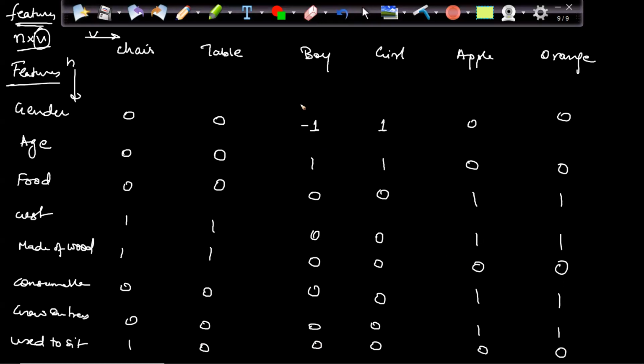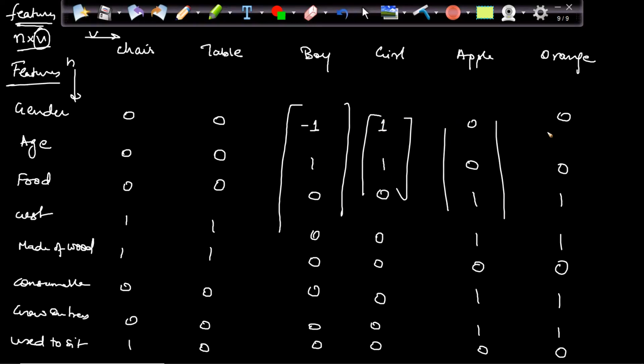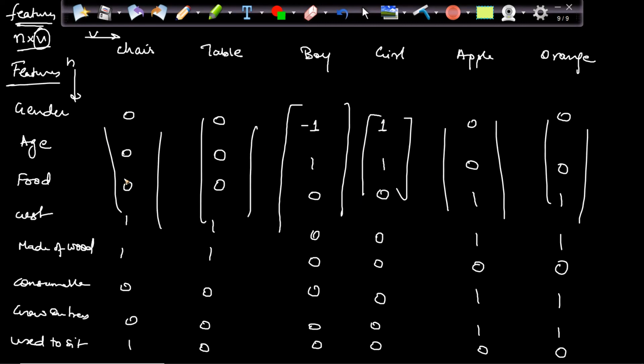Now, don't you think that these two vectors are very similar apart from just the gender? The rest is all the same, right? In the same way these two vectors are very similar, and these two vectors are also almost similar. So with just a few records and few dimensions, I am able to segregate that these two are of the same type. Not exactly, but yes, the features are matching. Apple and orange are not exactly the same, so I can add, let's say, color.